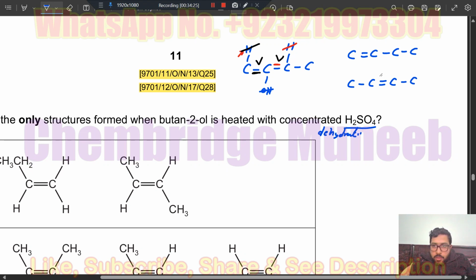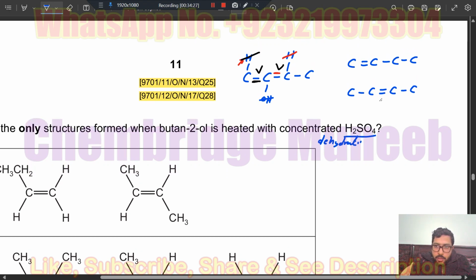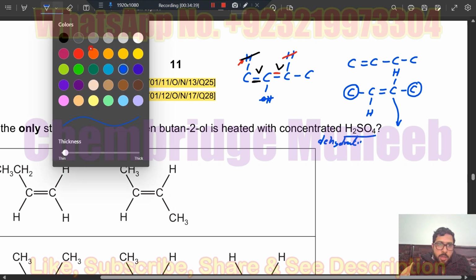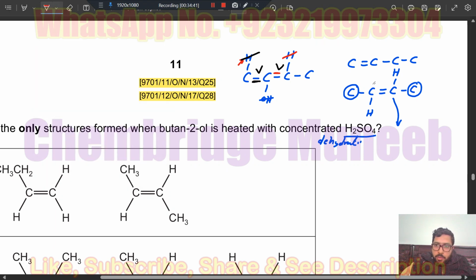If you see clearly here, if we have this type of structure, then it could make cis-trans isomers, since it has a hydrogen over here, it has hydrogen over here, and methyl groups on either side of the carbons, which means both the carbon atoms of the carbon-carbon double bond have the same type of groups attached to them. They both have hydrogen atoms and they both have methyl groups.